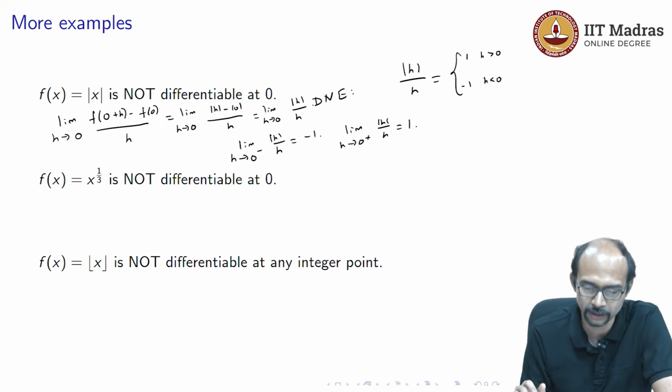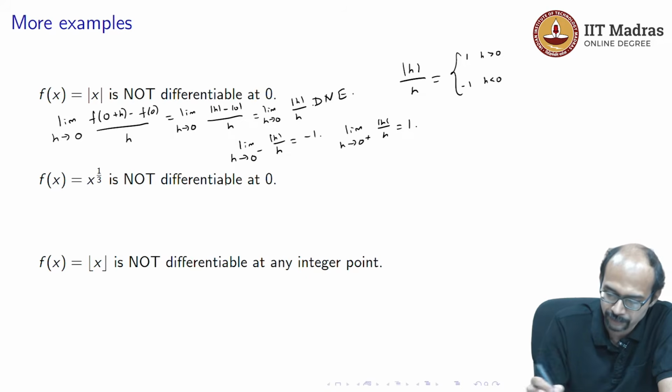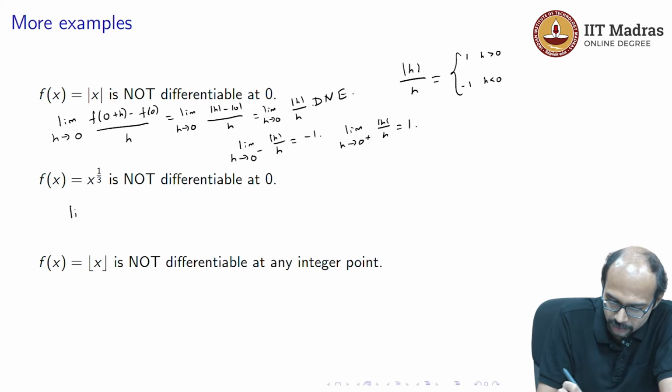Okay. What happens to f of x is x to the power 1/3? Why is this not differentiable at 0? So, let us write down what this limit is. Let us again do this from first principle.